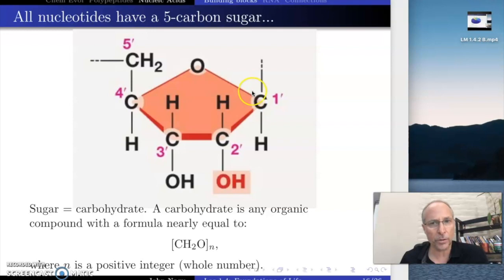But notice that it's asymmetrical. This one does not attach to any other carbon except the one in the ring. But this one attaches to a carbon in the ring and a carbon outside the ring. The carbon outside the ring is the carbon that we define to be the number 5 carbon on this sugar. Okay, and so we then number the carbons backwards, 5, 4, 3, 2, 1.